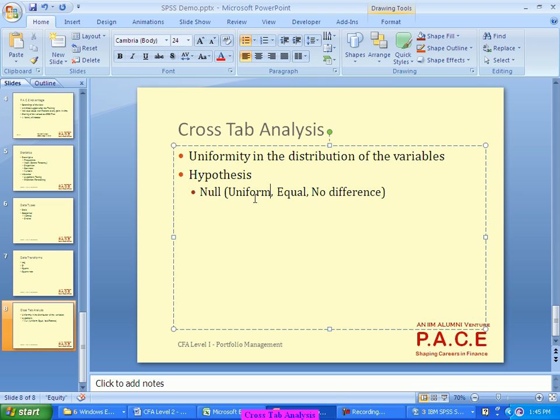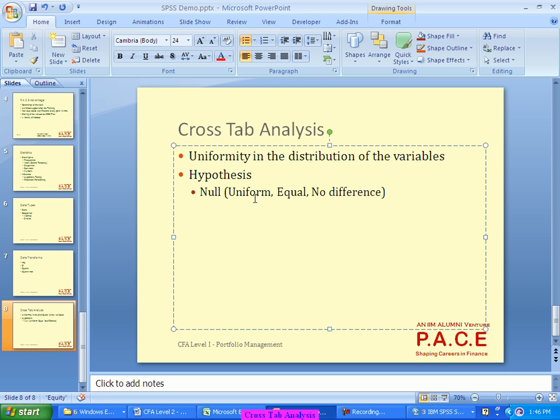So here, because our objective in this test is to compare the distribution between two variables, the null hypothesis directly tells me they are uniform. The statement: there is no difference in the distribution between these two variables, the marital status and the gender. That's my null hypothesis.